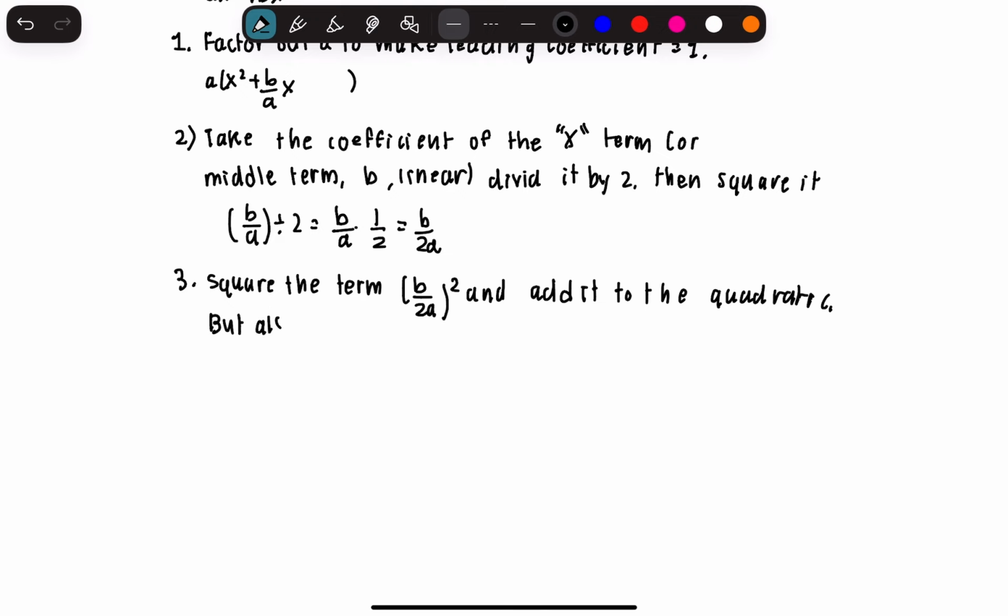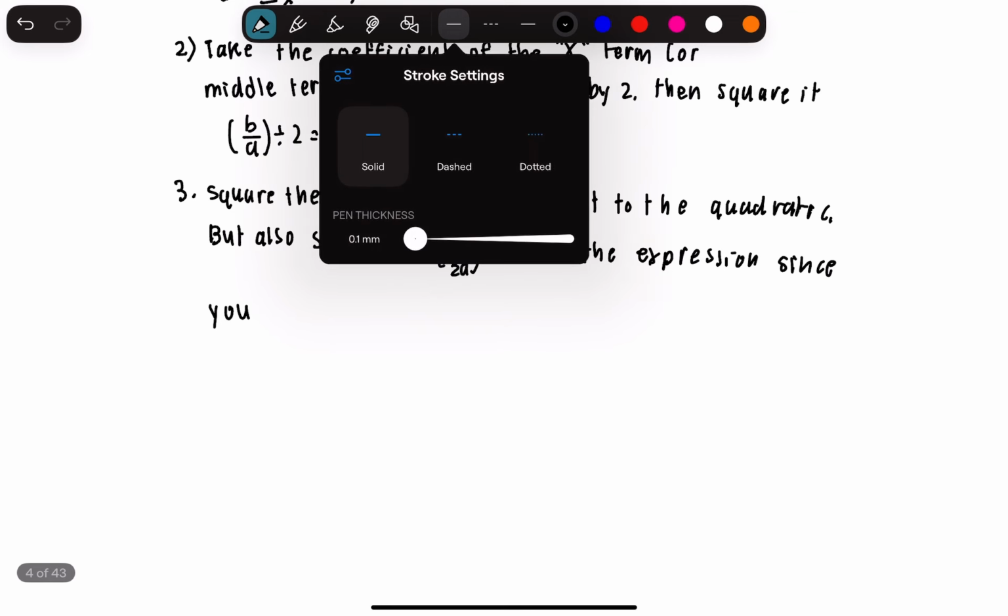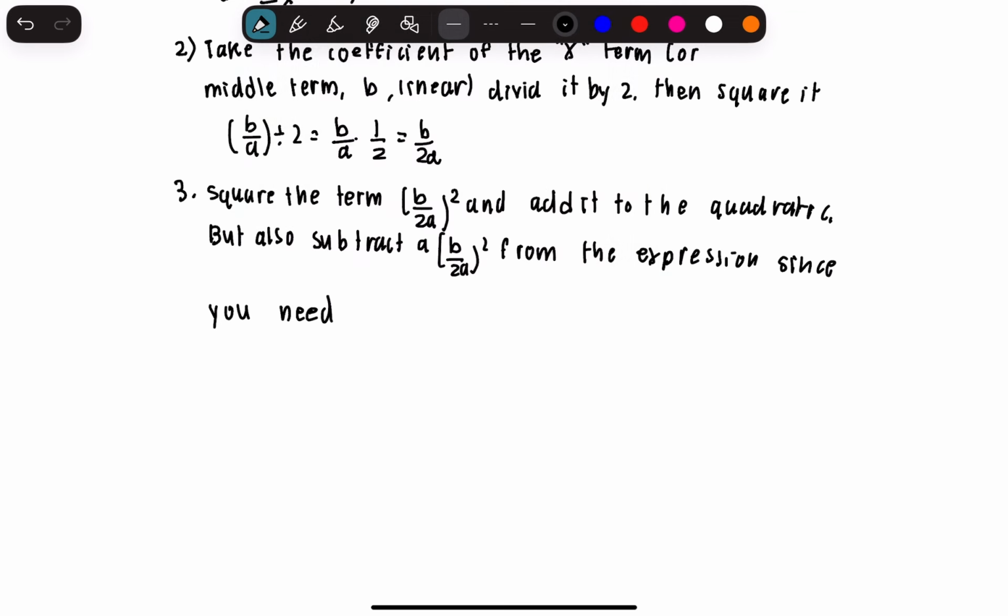But you also subtract a times b over 2a squared from the expression, since you need to keep the expression equal to the original one.